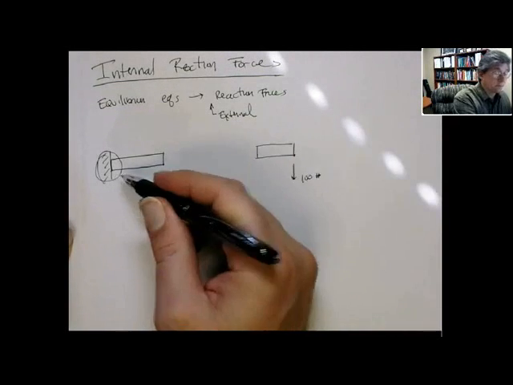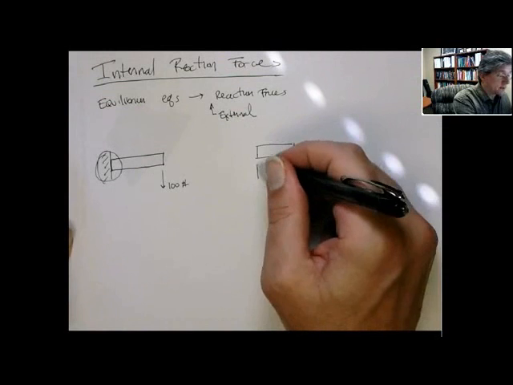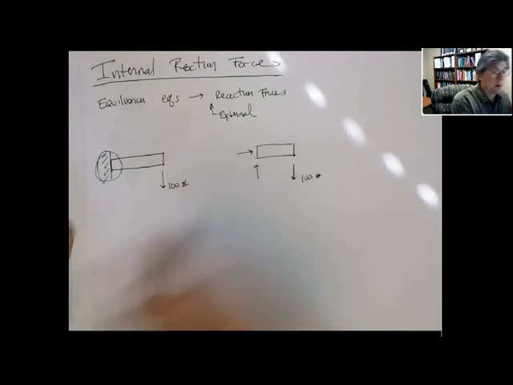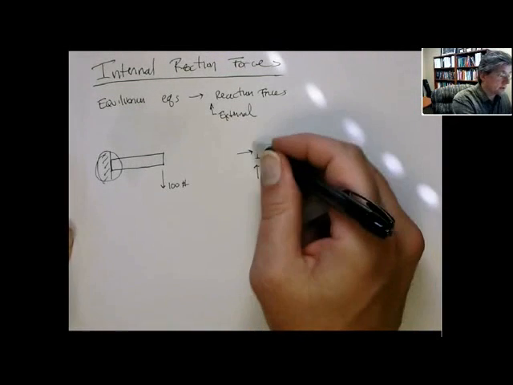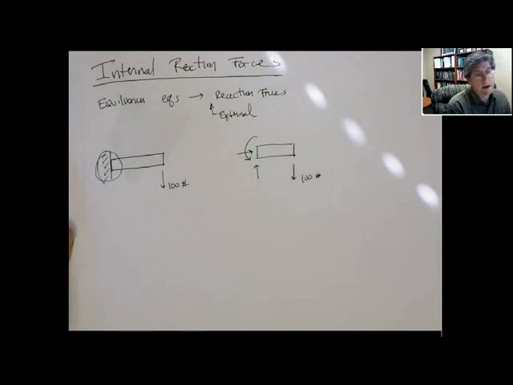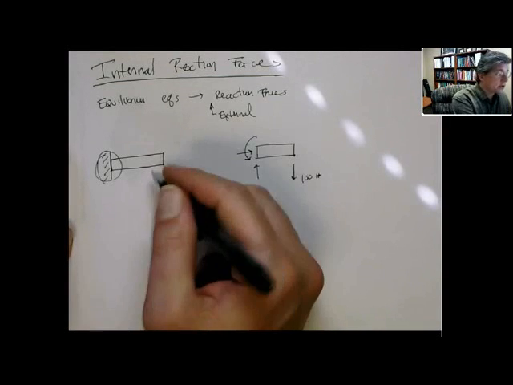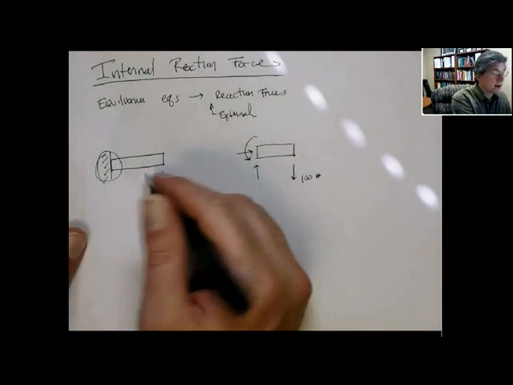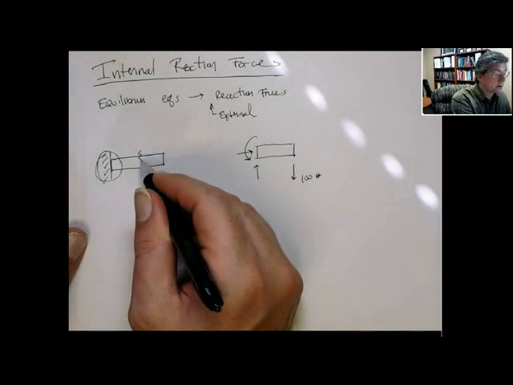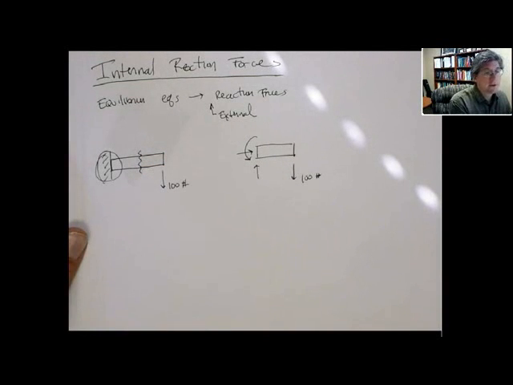So when you have a fully supported end, you're going to have a reaction force in both the x and y direction, and also a reaction moment. So what we're going to talk about here is using the same approach, drawing free body diagrams, but how do we determine what are the reaction forces internal in the structure?